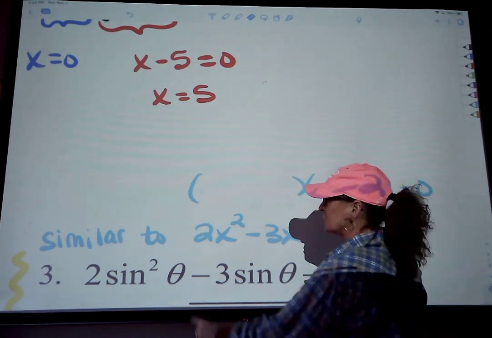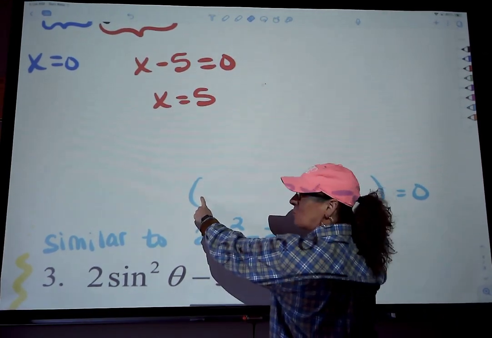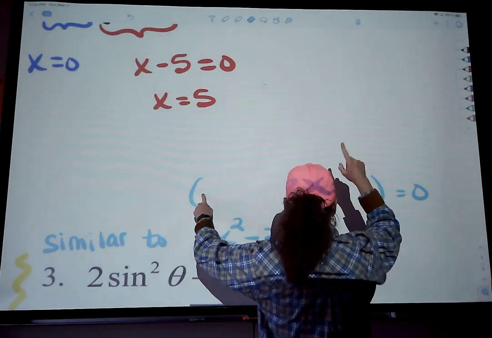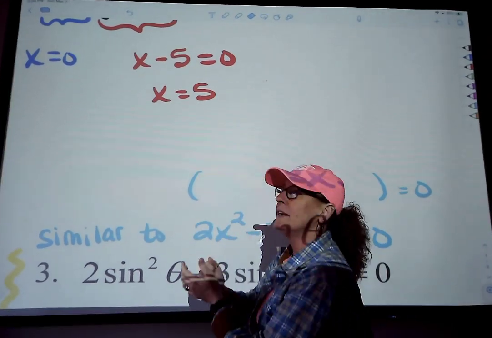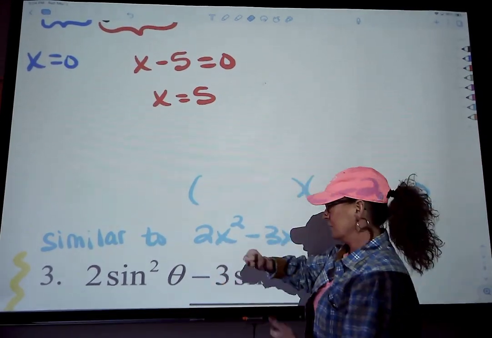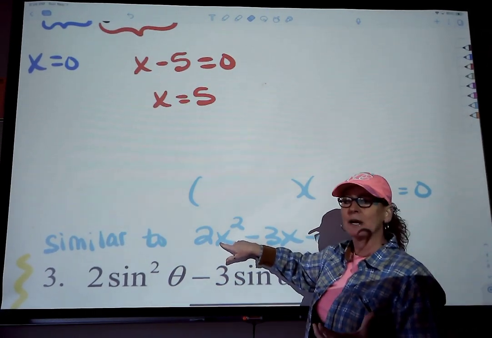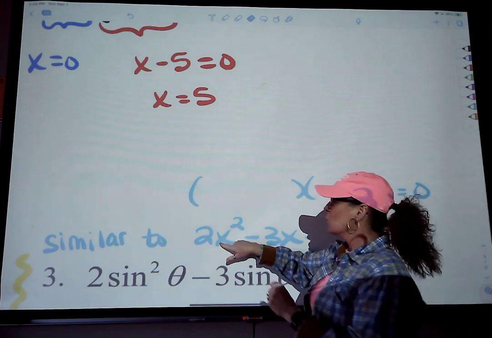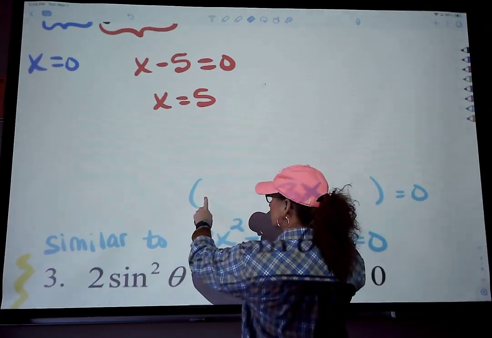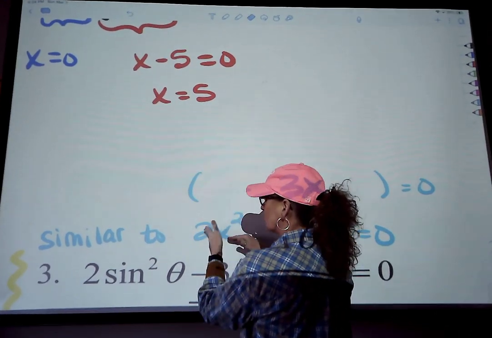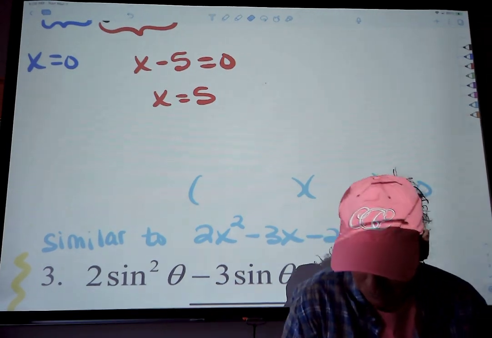First thing you normally do is you go x and x. You know why? Because a 1x times a 1x is a 1x squared. Well, I don't have a 1x squared, I have a 2x squared. Whatever goes here and here has to multiply to make 2x squared. Here's pretty much my only option.